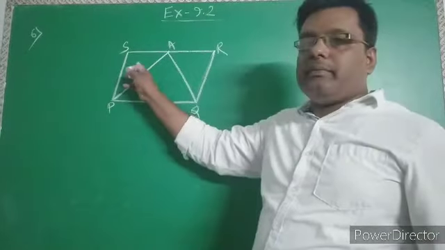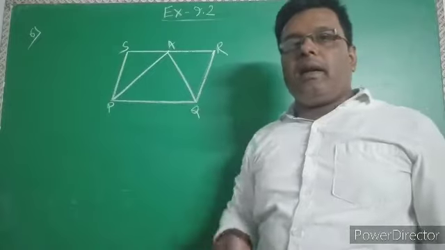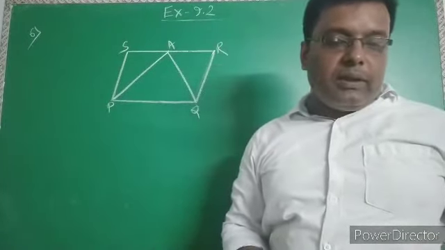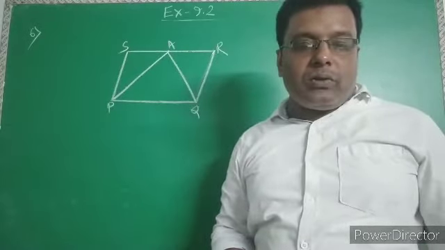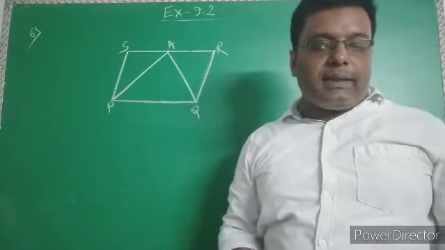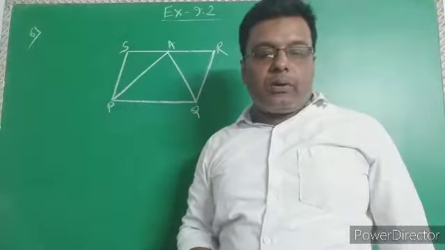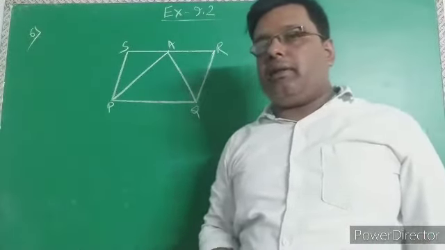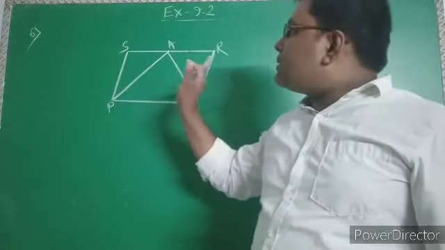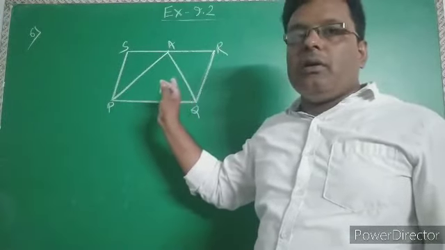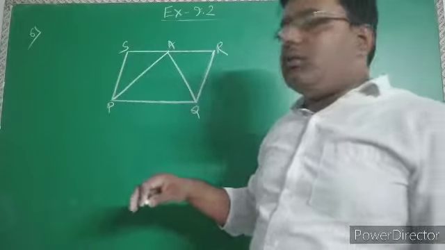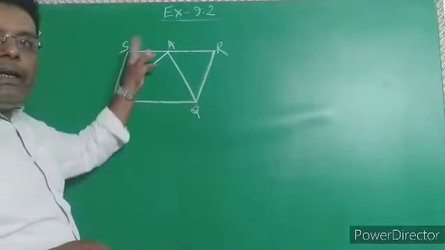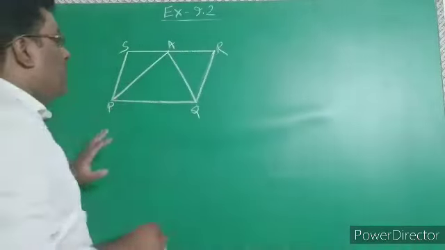Next question is, what are the shapes of these parts? All are triangular shapes. It is triangles. And the next question is, the farmer wants to sow wheat and pulses in equal portions of the field separately. How should she do it? So this is triangle APQ and the whole is parallelogram PQRS.